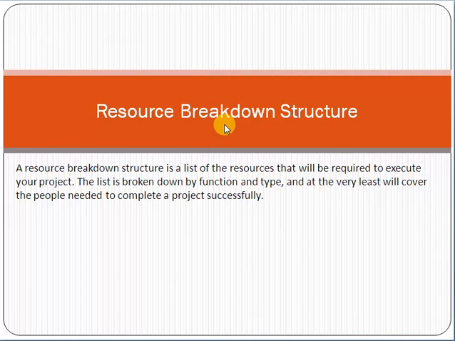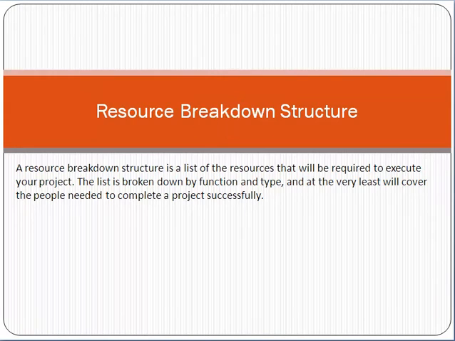For example, all the resources related to hardware we can list down separately in one group. All the resources which are human resources we can list down separately and make a separate group. So that is the concept of resource breakdown structure.